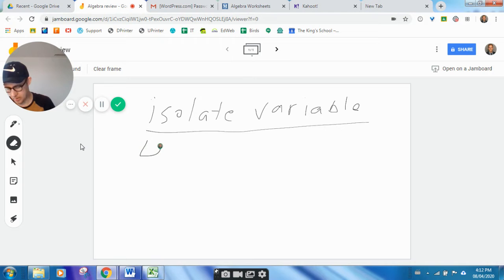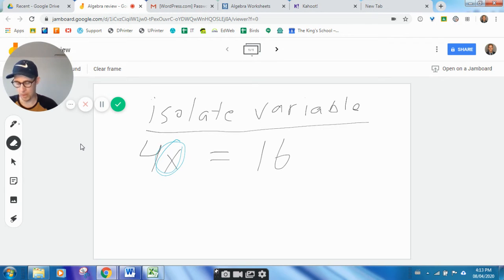So in this situation here, there's a 4 and there's an x on one side of the equation, and there is another number on the other side here. So isolating the variable, we have to figure out what is the variable. So the variable is x, right? So right now, it's not isolated. Right now, it's beside a 4.